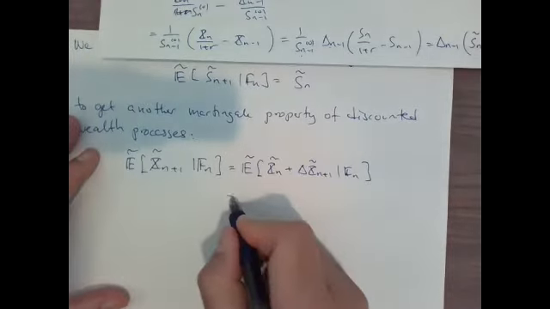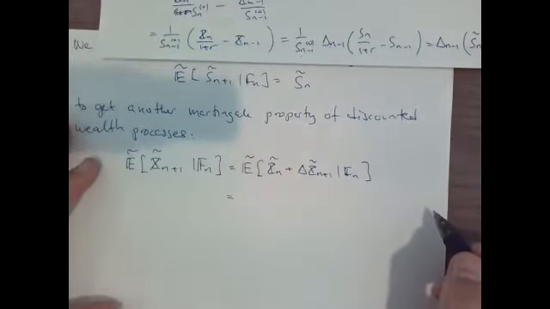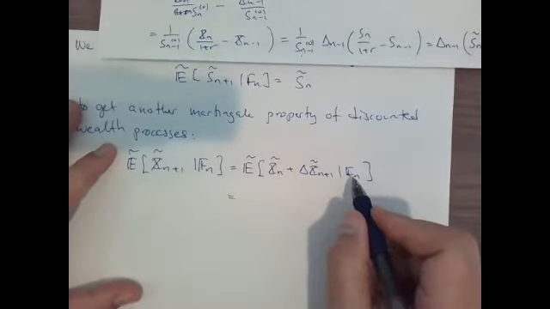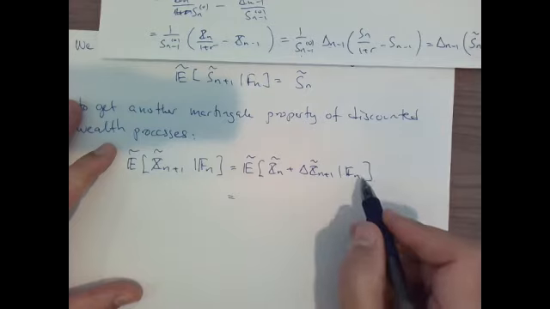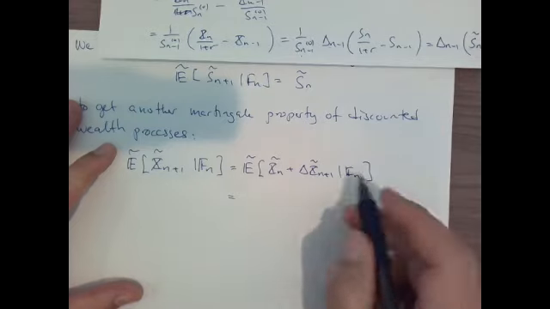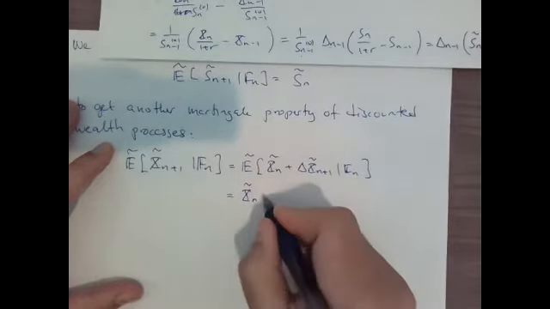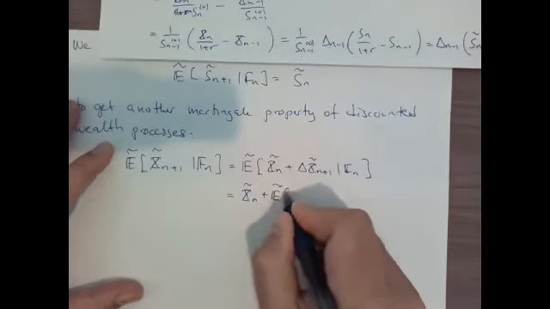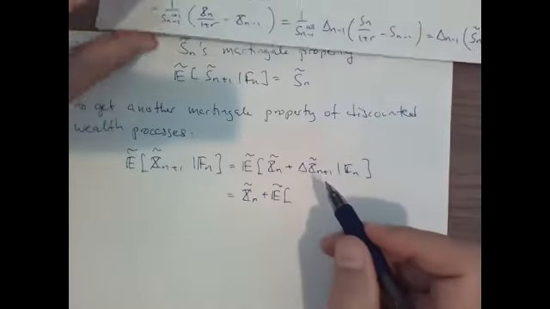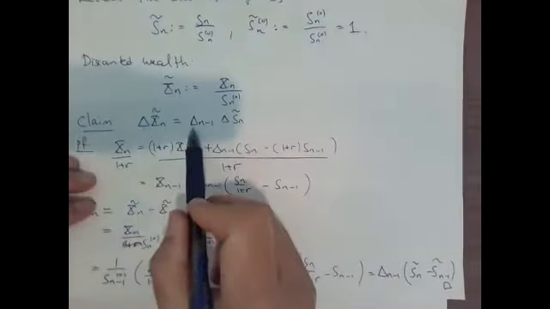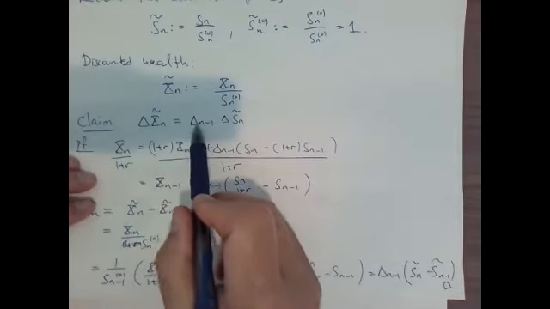That's just the definition. So what we'll do is we will plug in, well, Xn is going to be Fn measurable. The wealth at time n, we know what it is at time n, so that will go outside. And then we'll have the more complicated expression, and this is where all the hard work is going to pay off. Delta Xn plus 1, I need to replace n with n plus 1 on the right-hand side.